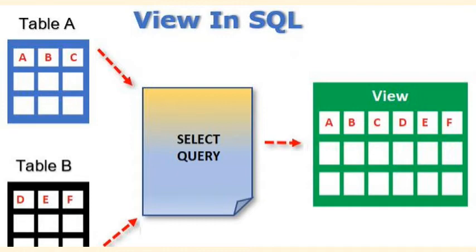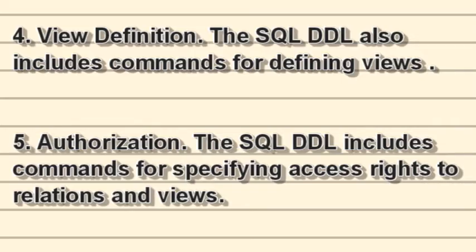So next is the authorization. The SQL DDL includes commands for specifying access rights to relations and views. Basically it provides the authorization. Now what do we mean by authorization? Authorization means that SQL will check which DDL command should be specified for which user. Like suppose we are taking a student and a teacher relationship.